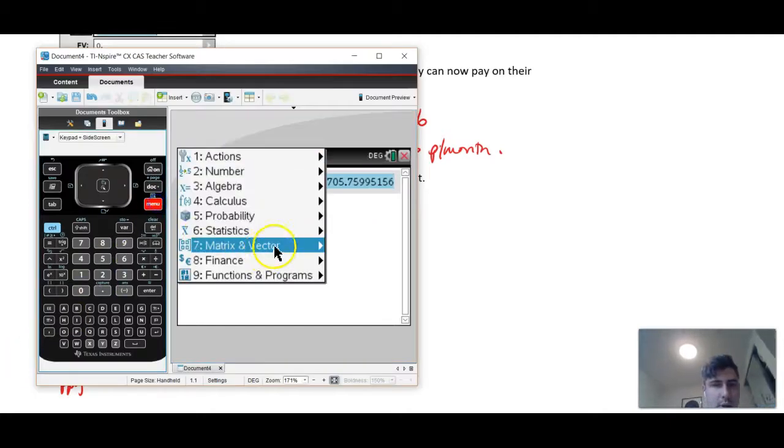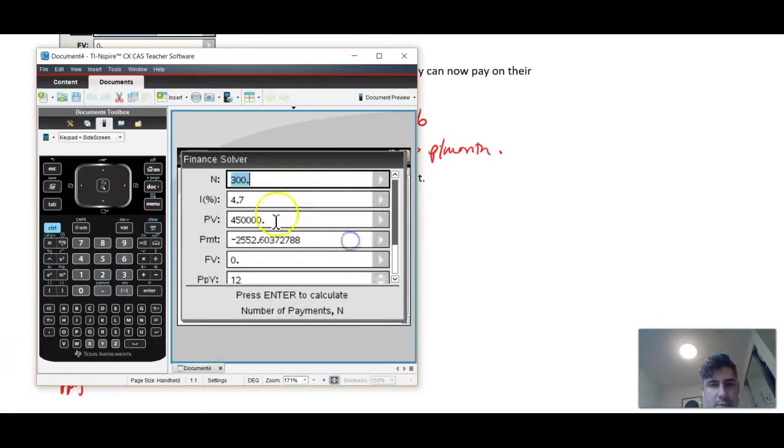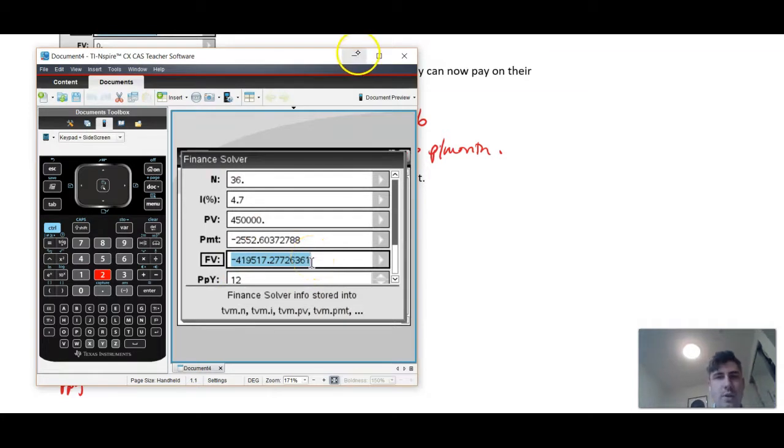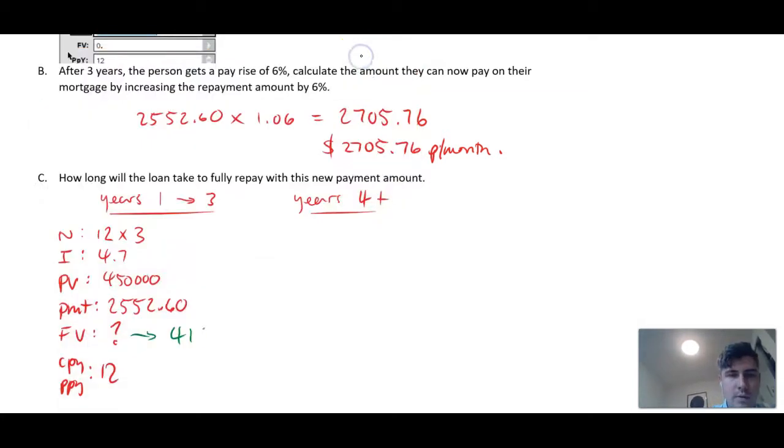So we're going to open up Finance Solver. We're going to put in 3 times 12 with that amount, and we're going to see where it gets to after that amount of time. So it gets down to 419,517.28. Now, the second part of the loan, we're going to have to use that value as our PV.